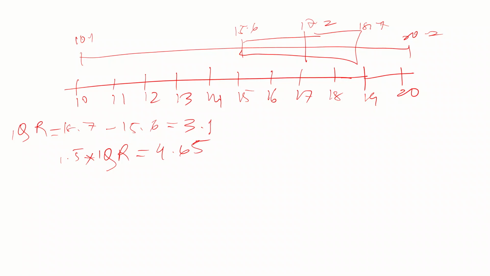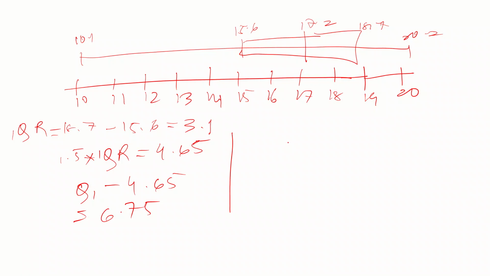Q1 minus 4.65 will be 6.75, which is less than the minimum. Okay, so we are safe on this. And for Q3, 18.7 plus 4.65 will be 23.35, which is outside the maximum.